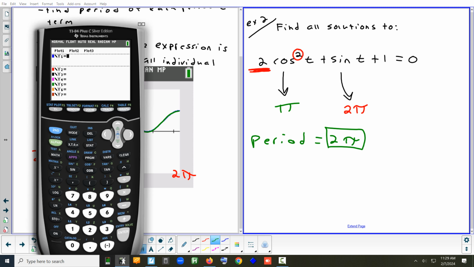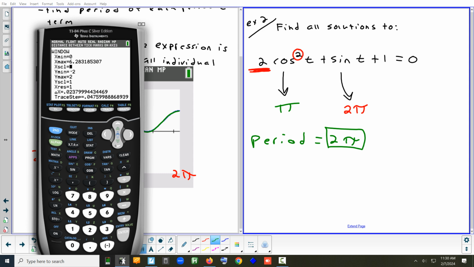Now we're going to take the whole thing. Okay, so let's put in 2 cosine x squared plus sine x plus 1. And we know the cycle length is 2 pi. So I want to set a window that's 1 cycle. I already have it set up, 0 to 2 pi.